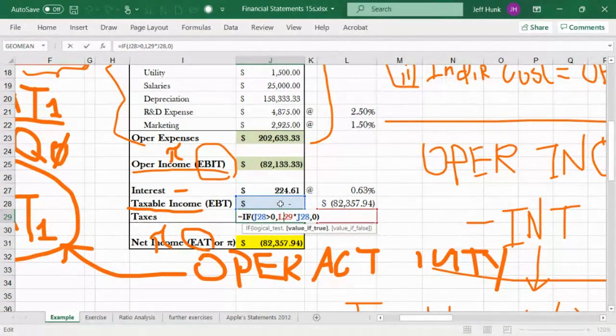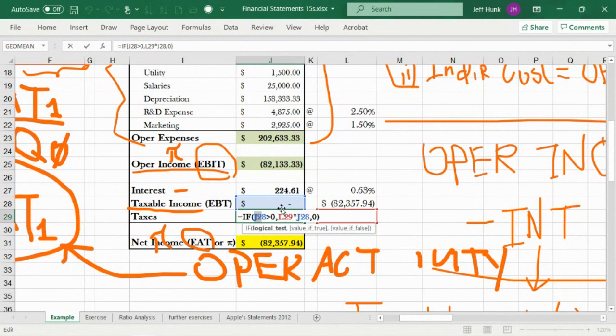What's J28? Yeah, J28 is this taxable income. L29 is the tax rate, right? L29 is tax rate. It's hidden now, because this formula is overlapping, right?